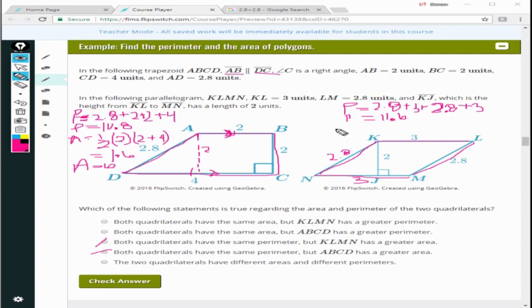Okay, so jumping over here to our parallelogram, our area is equal to the base times the height.